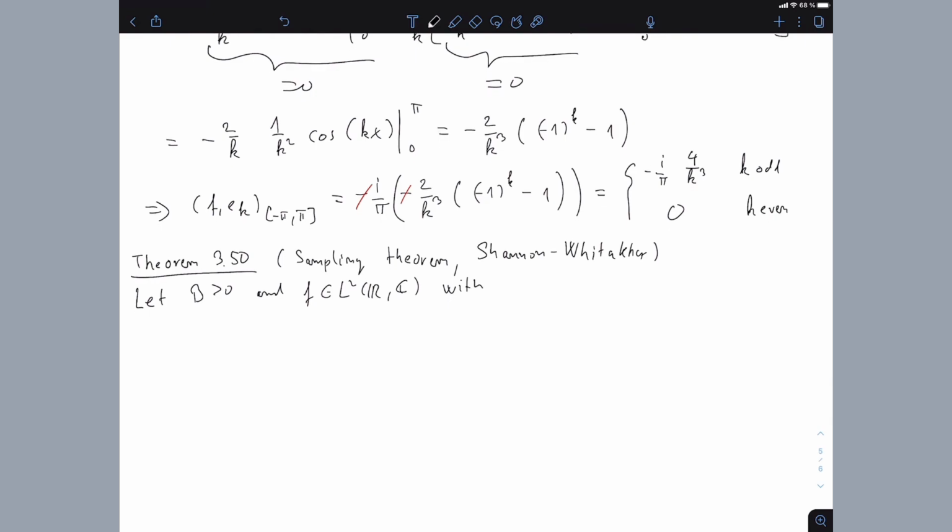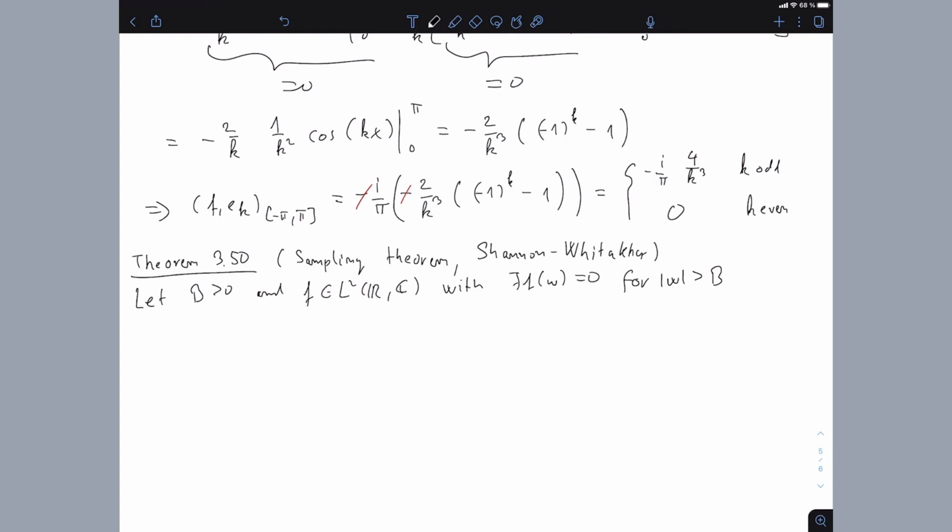So we look at an L2 function with limited bandwidth. What does this mean? That means if we look at the Fourier coefficients, they are 0 if the frequency is bigger than b in absolute value.